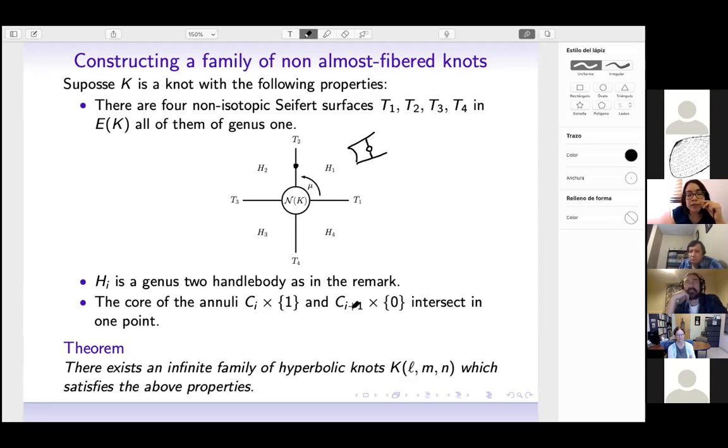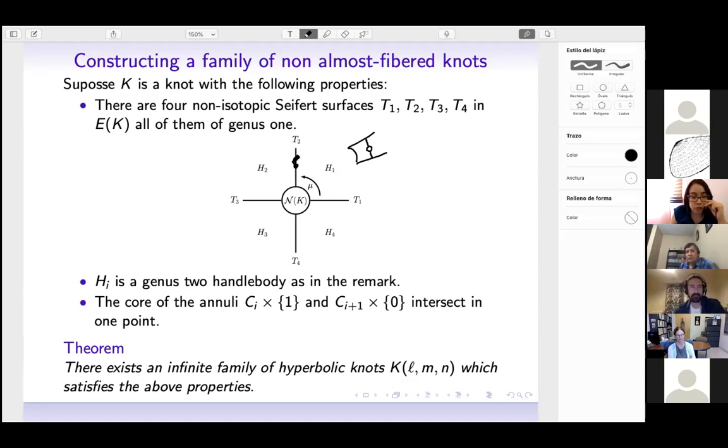So this property tells us that this closed curve, which comes from H1, intersects the closed essential curve which came from H2.